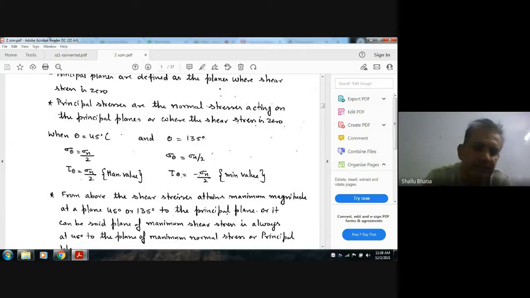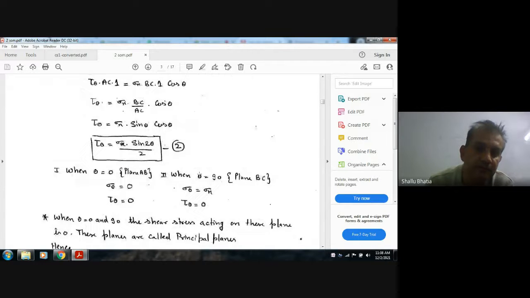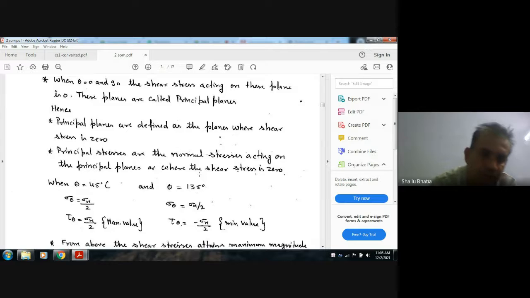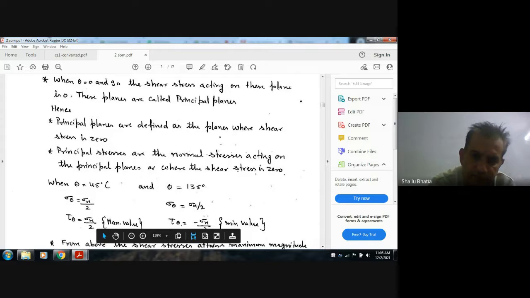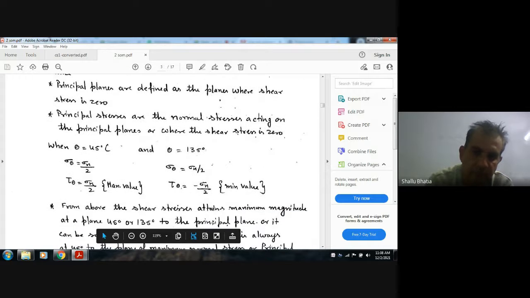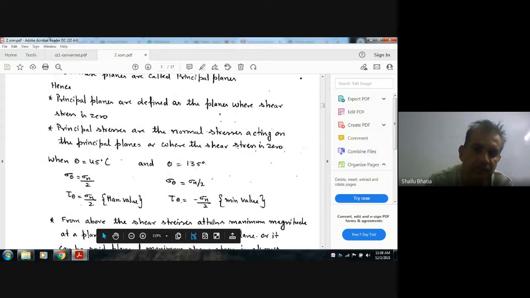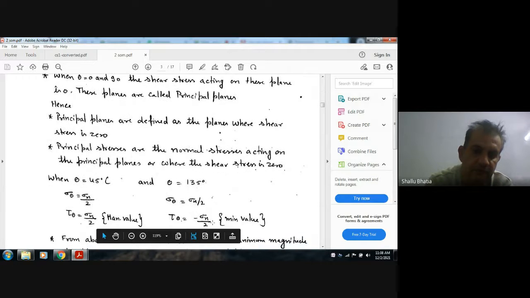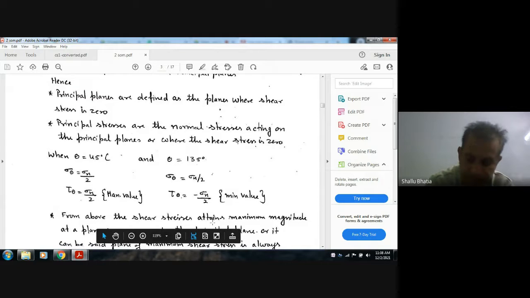If clockwise shear stress is acting on this plane, then it is positive, and if anti-clockwise, then it is negative. So this sigma x by 2 is the maximum value, and this sigma x by 2 in the anti-clockwise direction is the minimum value. So these are the planes of maximum and minimum shear stress with their sign.